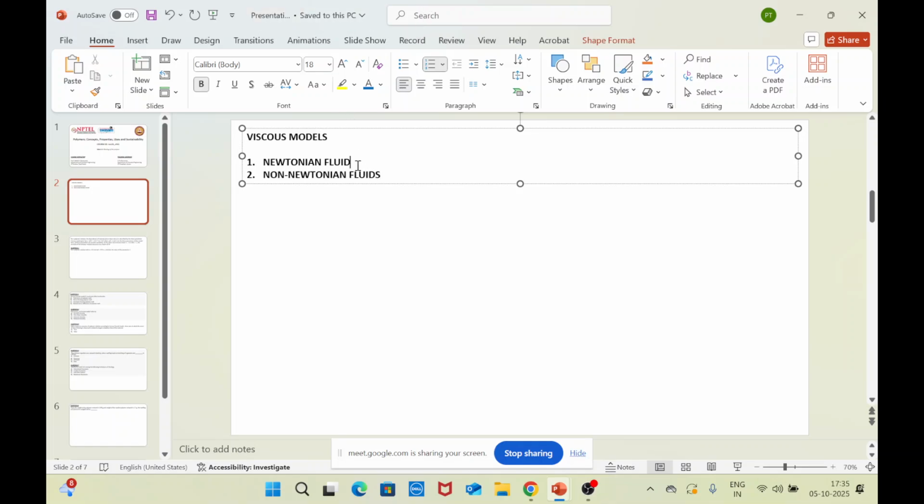I think this classification we have discussed previously as well, and this is quite basic. Can anyone define what are Newtonian and what are non-Newtonian fluids? Again, the very basic definition.